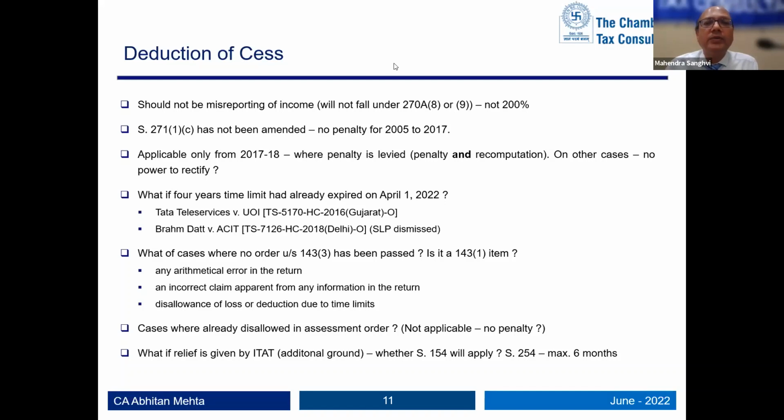First of all, applicable only from assessment year 17-18. You have rightly mentioned that 4 years 154 allows, but this being a mistake and since the law provides, they would definitely tell you that yes, you can make a rectification prior to 17-18 also. And I think 17-18 more so they have said because here the Gujarat High Court decision, I'm sorry, Rajasthan High Court.